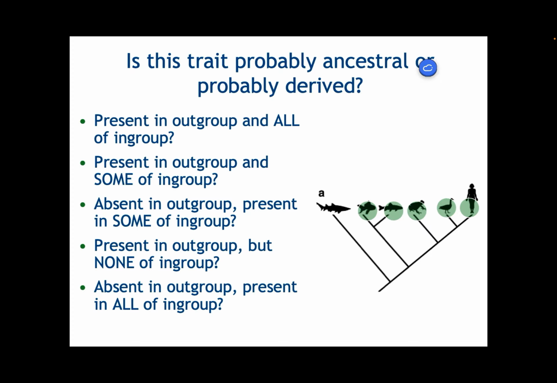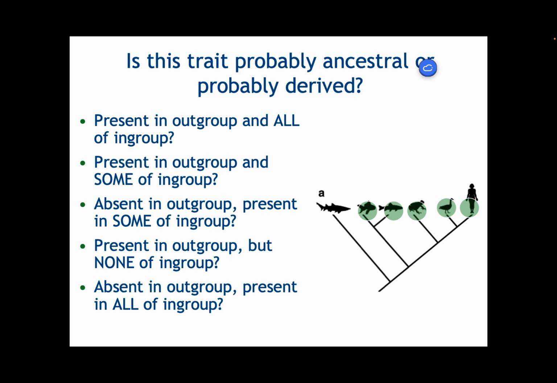And what if a trait is found universally throughout the in-group? Everyone in the in-group has it, but the out-group doesn't. Would you say this is probably ancestral? Or probably derived? Or, I guess, raise both your hands if you think we just can't tell. Yeah, I think so too.